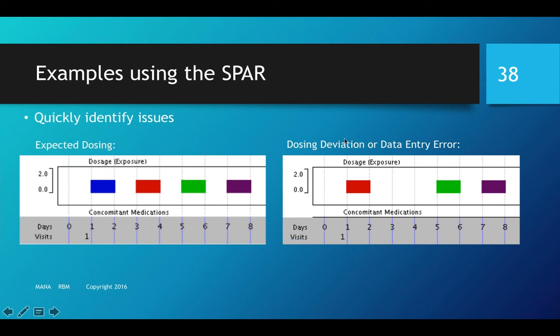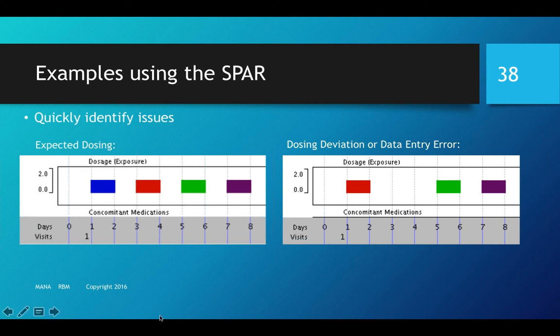So great, scoot on by that. All these would be on different CRFs in different orders. You'd be looking at them at different times. And then in the example on the right, you see either a dosing deviation or perhaps a data entry error, because you're expecting to see a dose at day 1, 3, 5, 7, and 8, and there's nothing at day 3.